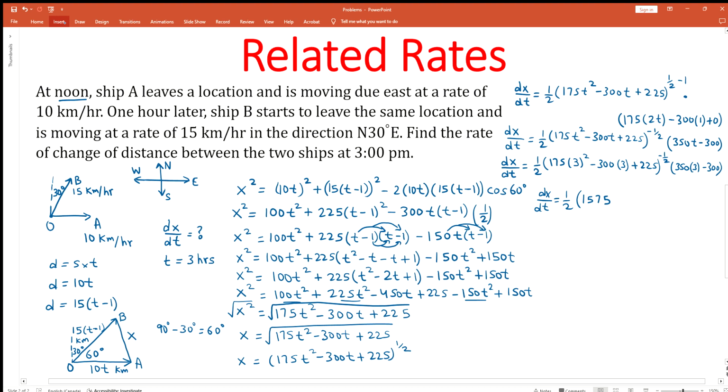Negative 300 times 3 is negative 900. 350 times 3 is 1050, and 1050 minus 300 is 750. 1575 minus 900 plus 225 is equal to 900.